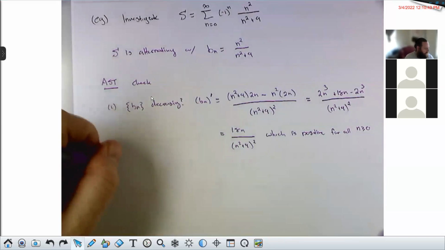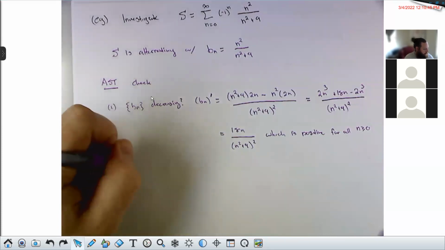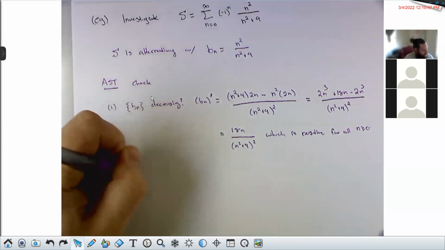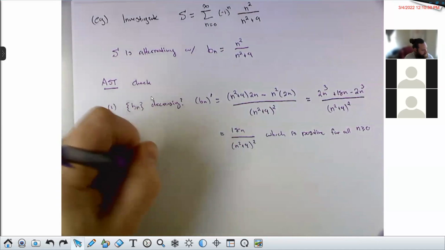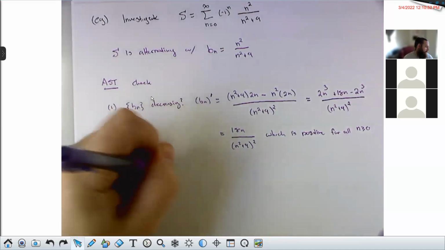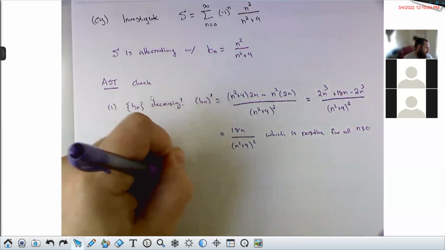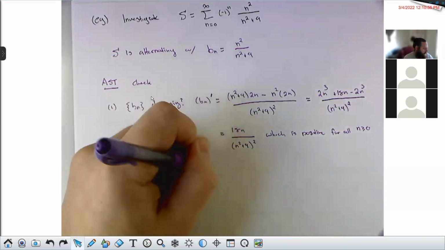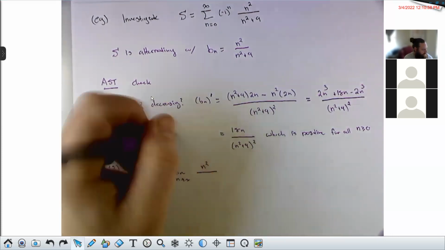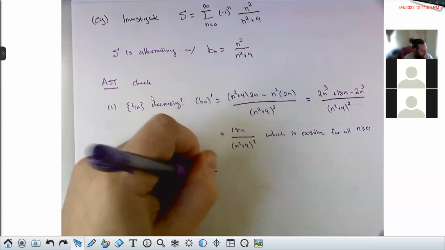Also, if you check the limit as n goes to infinity of bn here, it is the limit as n goes to infinity of n squared over n squared plus 9.